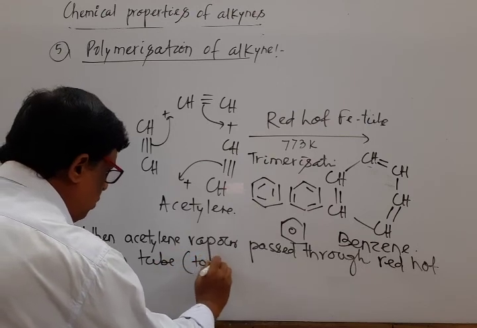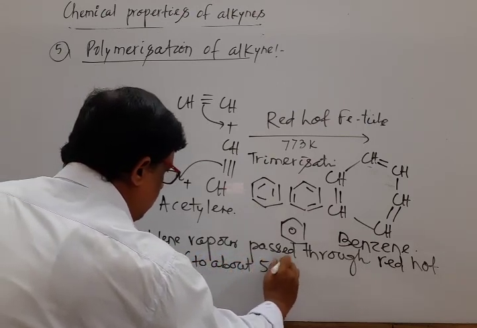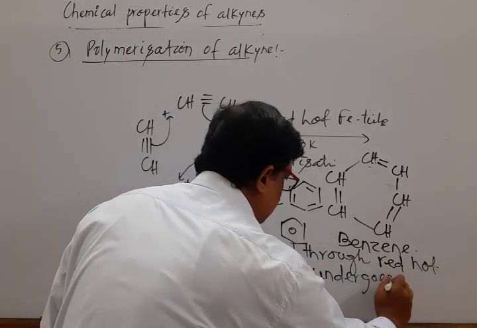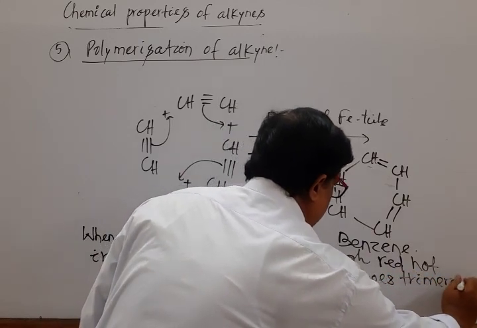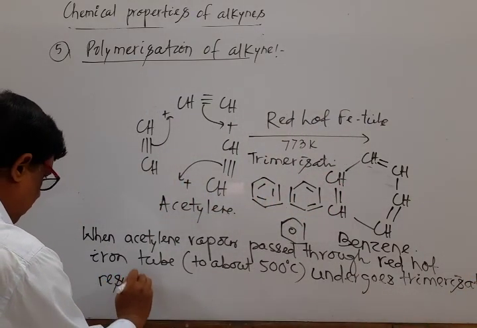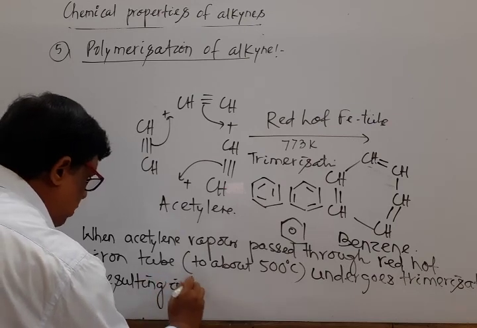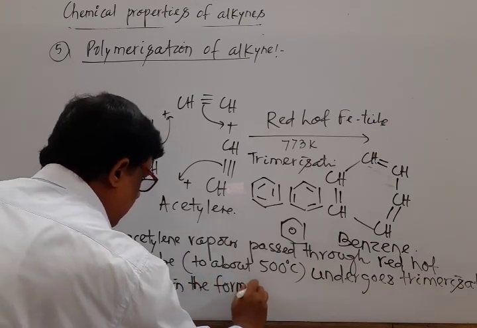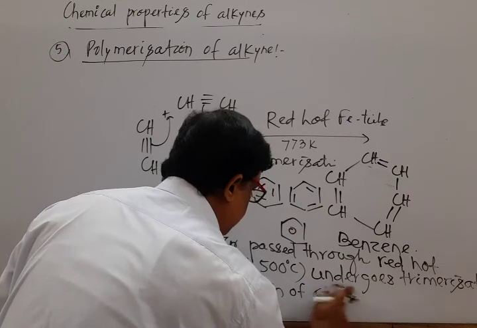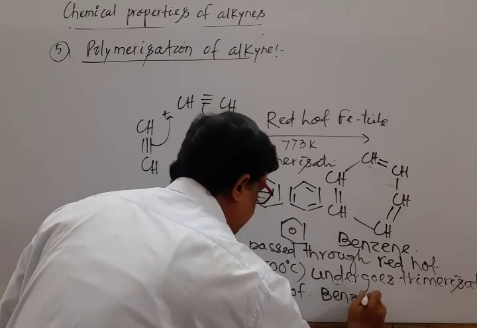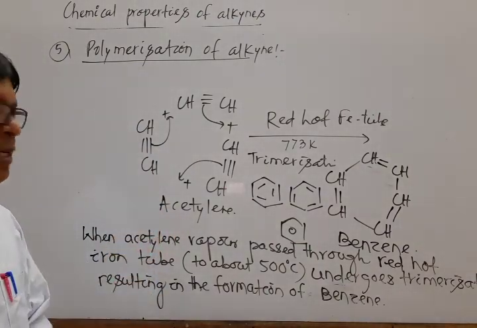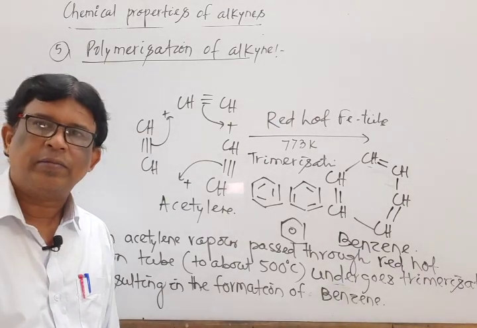Red hot means to about 500 degrees Celsius or 773 Kelvin, undergoes trimerization, resulting in the formation of benzene, aromatic compound. Okay, reactant 3 molecules of acetylene undergo trimerization, resulting in the formation of benzene.